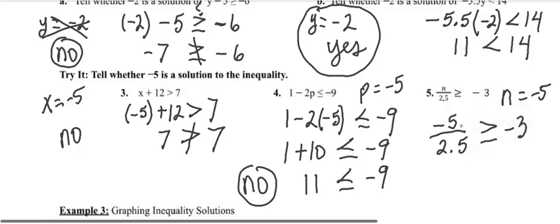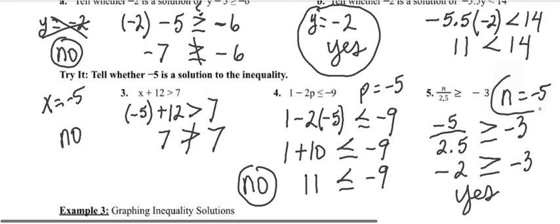What is -5 divided by 2.5? -2. Is -2 greater than or equal to -3? Yes, it is. So on that one, -5 could be a solution.